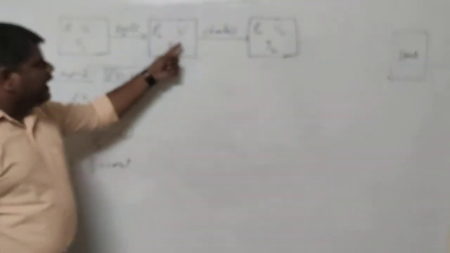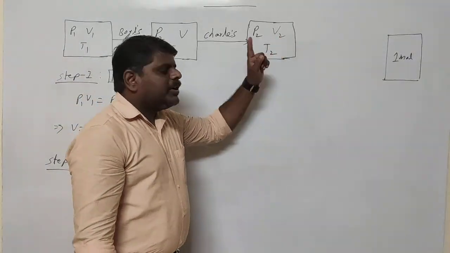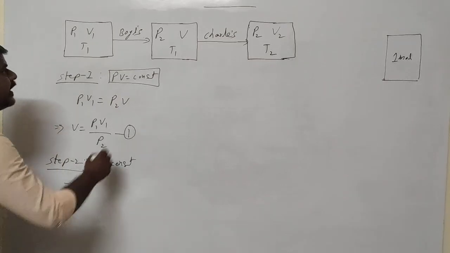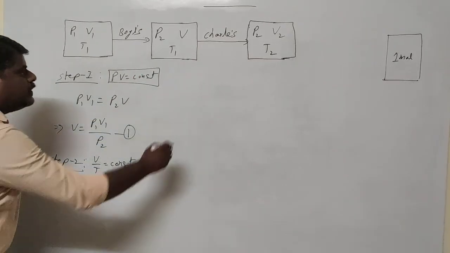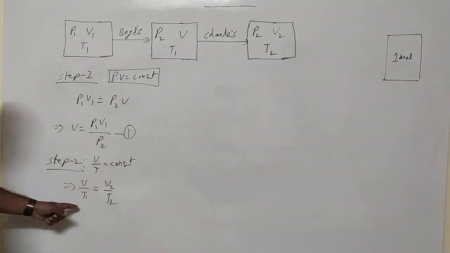Because V is the initial volume, T1 is the initial temperature, V2 is the final volume, T2 is the final temperature. So V by T1 is equal to V2 by T2.